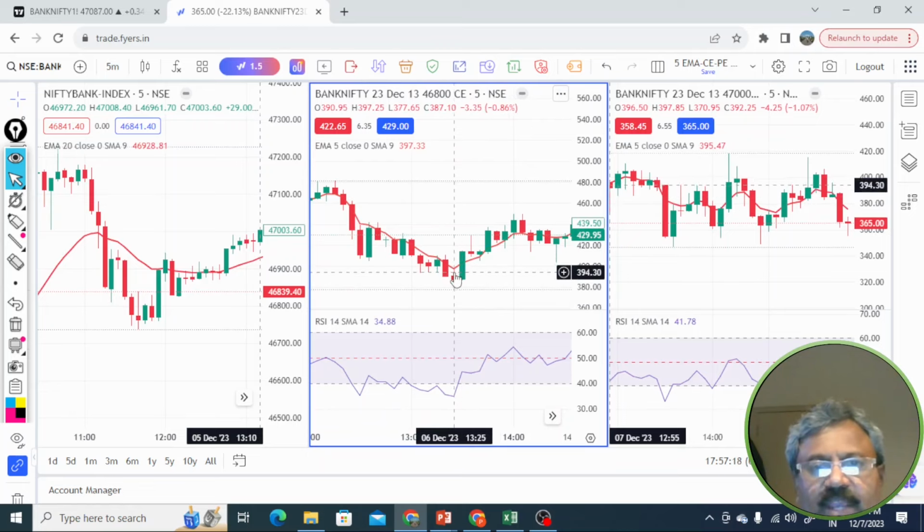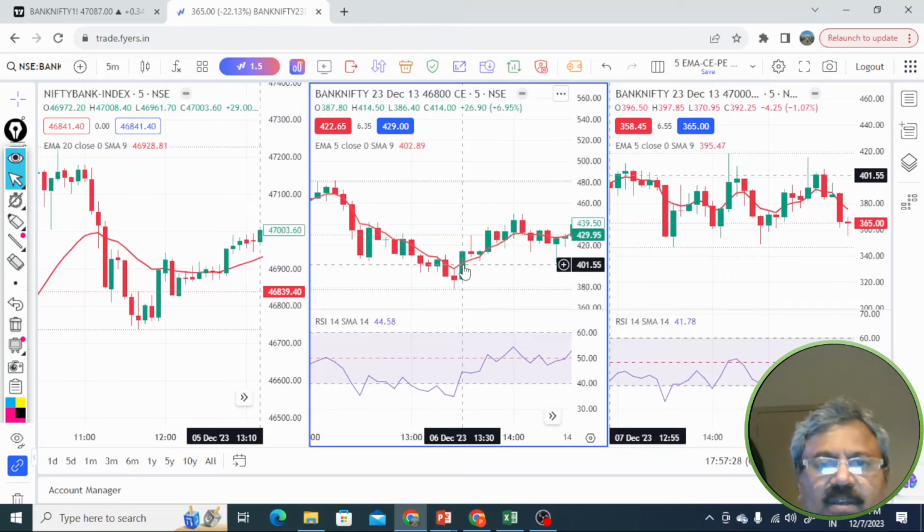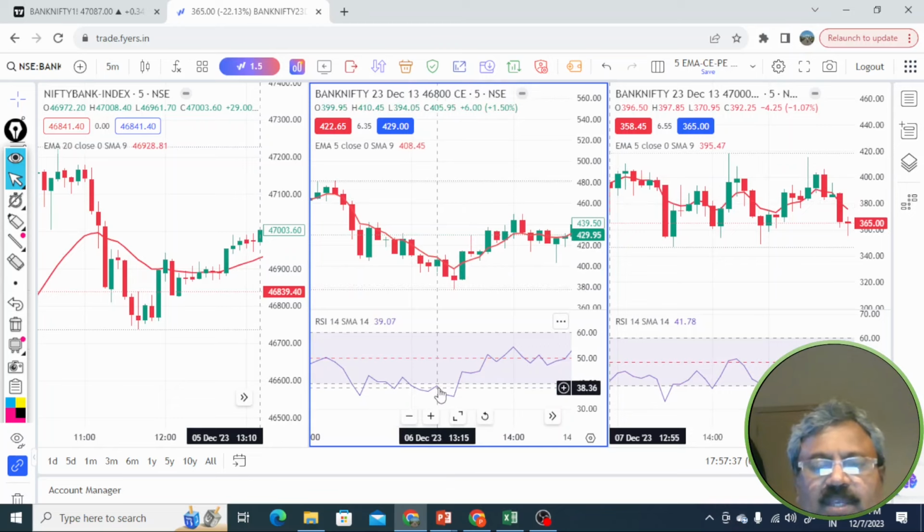So here we can wait and see after this 5 EMA, if we get a green candle which is closing near or above the 5 EMA, this is an opportunity to take a trade. And to get more confluence, we can also see the RSI from the oversold position, which is below 40.